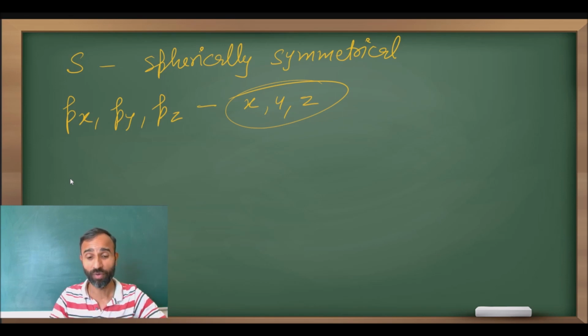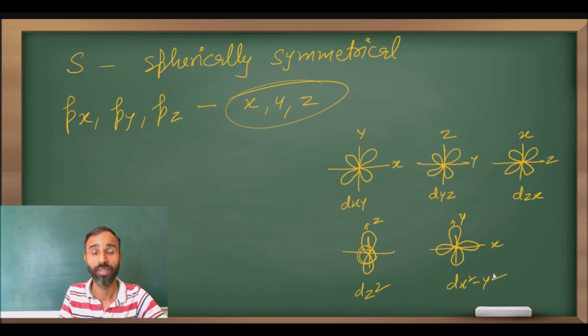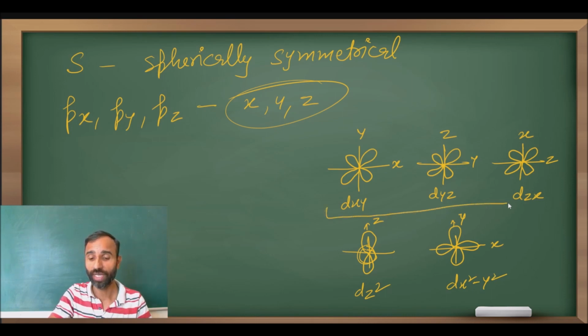But when we talk about d orbitals, look at the shapes of d orbitals. The dxy, dyz, dzx lobes are lying in between the axes. But dz square and dx square minus y square have lobes on the axis. So which d orbitals are involved in hybridization?